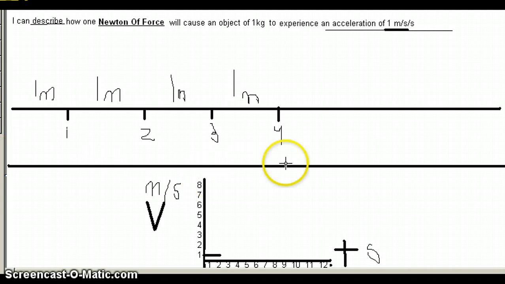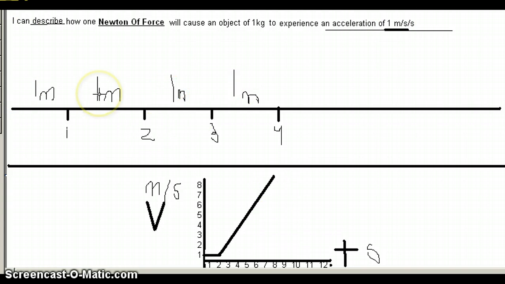So the 1 meter per second per second must mean 1 meter per second velocity per second in time. So it's moving at 1 meter per second every second. So it's increasing just like that. This is what it would look like for a constant acceleration of 1 meter per second per second.